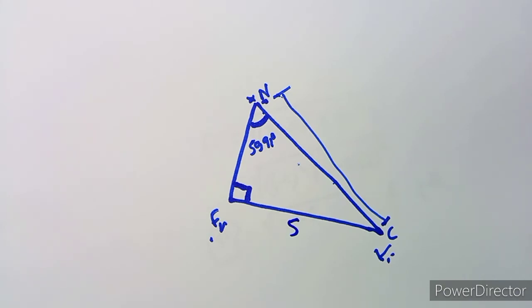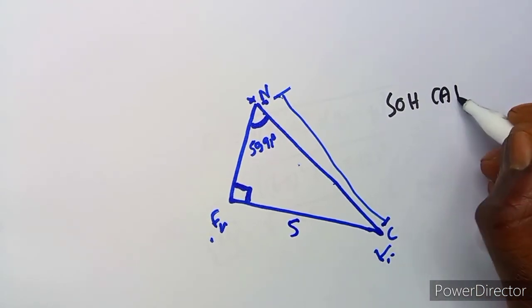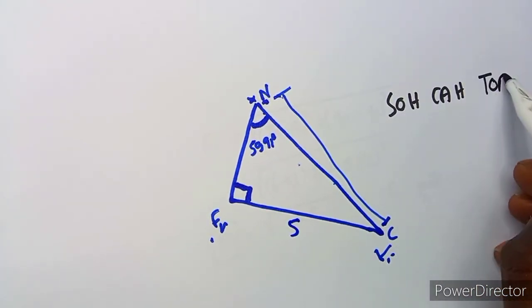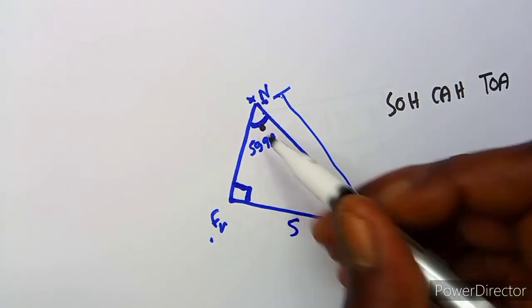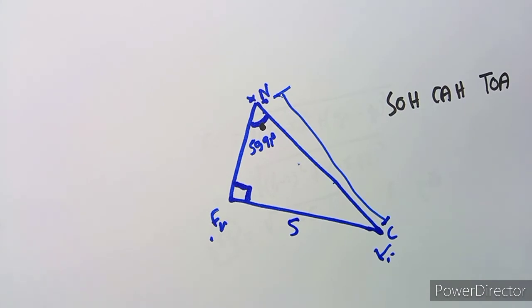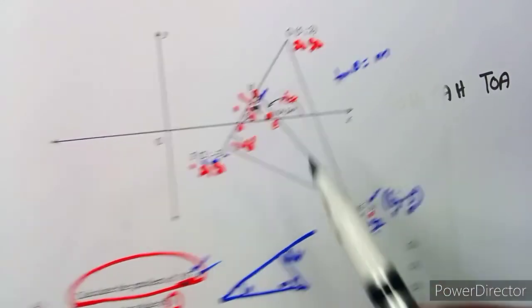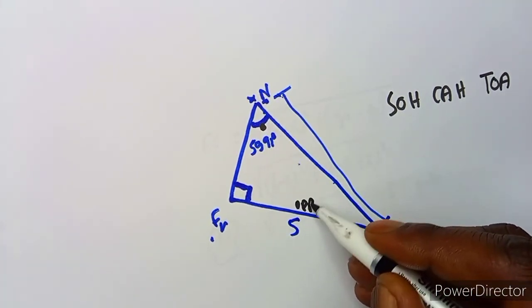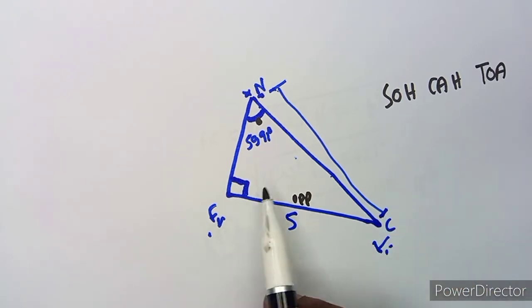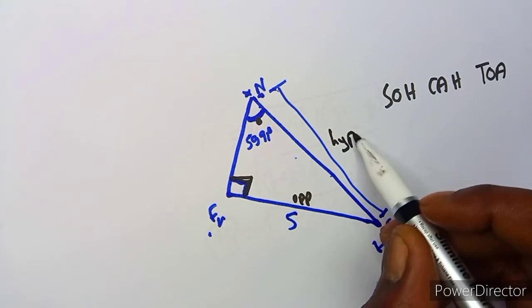You can play around now with your trigonometrical ratios, SOHCAHTOA. You can use this to find this side. According to the angle I'm proposing, at C we do not know the angle, so I'm going to use this angle theta, which is at N. According to this angle, this is your opposite, and the side opposite the 90 degrees is your hypotenuse, the longest side.